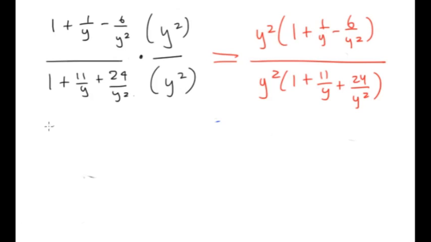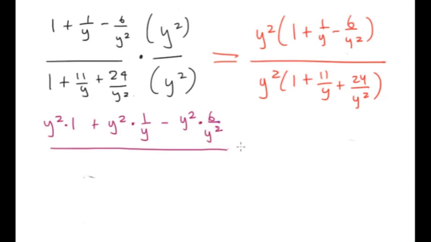So we get y squared times 1 plus y squared times 1 over y minus y squared times 6 over y squared, and then all of that over y squared times 1 plus y squared times 11 over y plus y squared times 24 over y squared. I'm just making it as clear as possible to show you how I'm distributing and what I'm exactly doing.